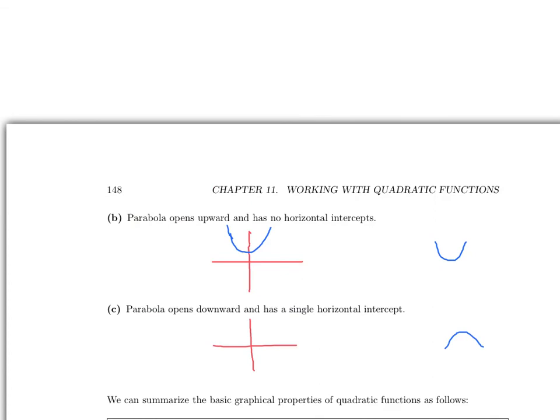Well, the only way this could be accomplished is if the vertex of the parabola, that's the turning point, lies right on the horizontal axis. So there's that turning point right there, and it's right on the axis. So you can see the parabola opens downward, and it hits the horizontal axis at exactly one place, namely at the vertex.